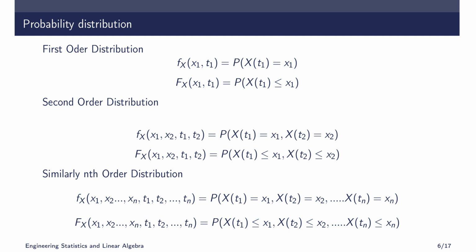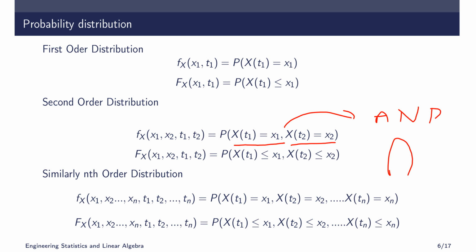Now if it is second order, there will be two variables like x1, x2, t1, t2. So it is like a joint bivariate distribution only. Probability of x of t1 equal to x1 comma x of t2 equal to x2. So this comma here means and, or intersection. So x of t1 equal to x1 as well as x of t2 equal to x2, both should happen.